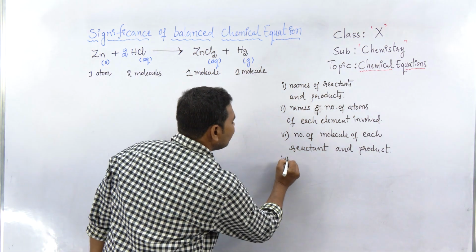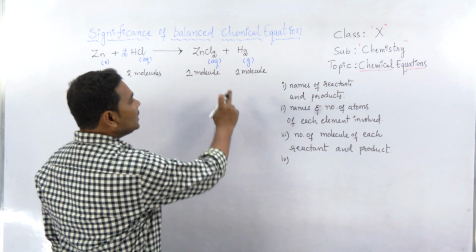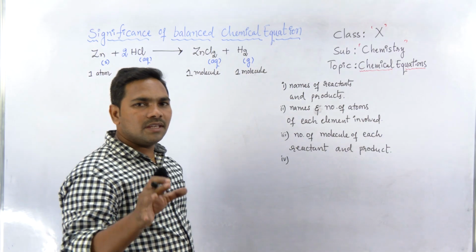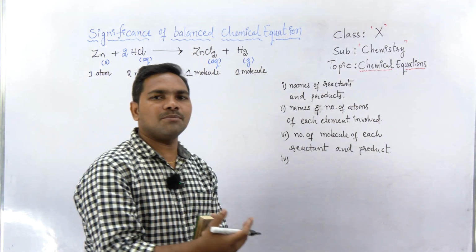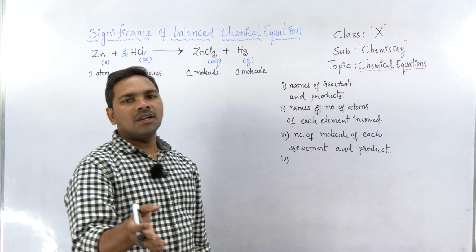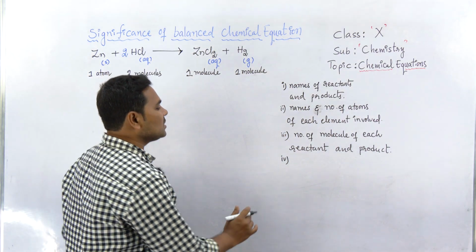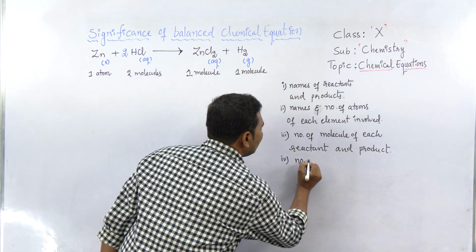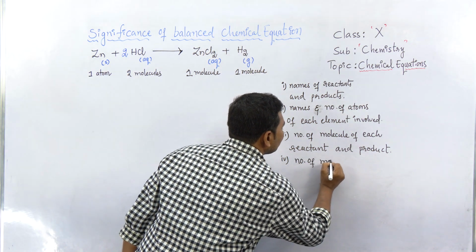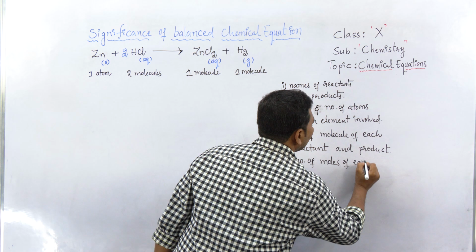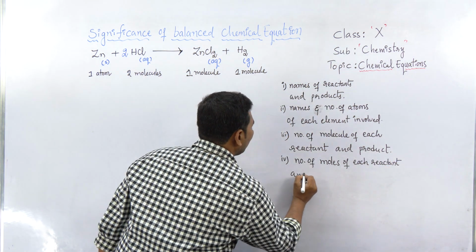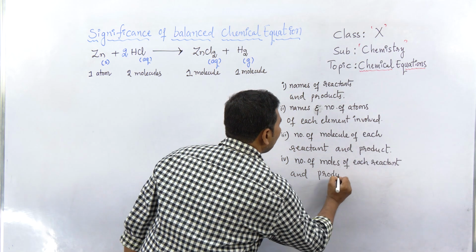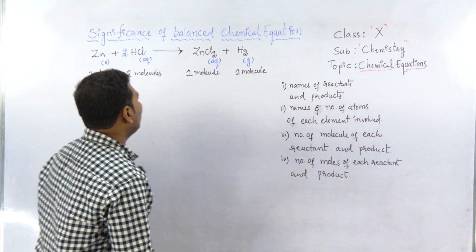And next, fourth, instead of molecules, this balanced equation also gives the relative amounts of reactants and products in terms of moles, not just the number of atoms and molecules. We also understand the number of moles of each reactant and product. Let us write how, right?